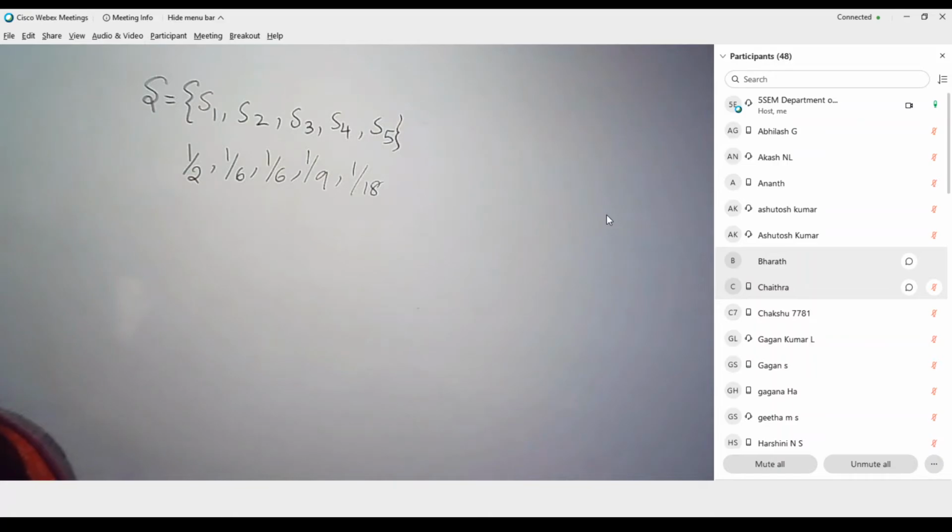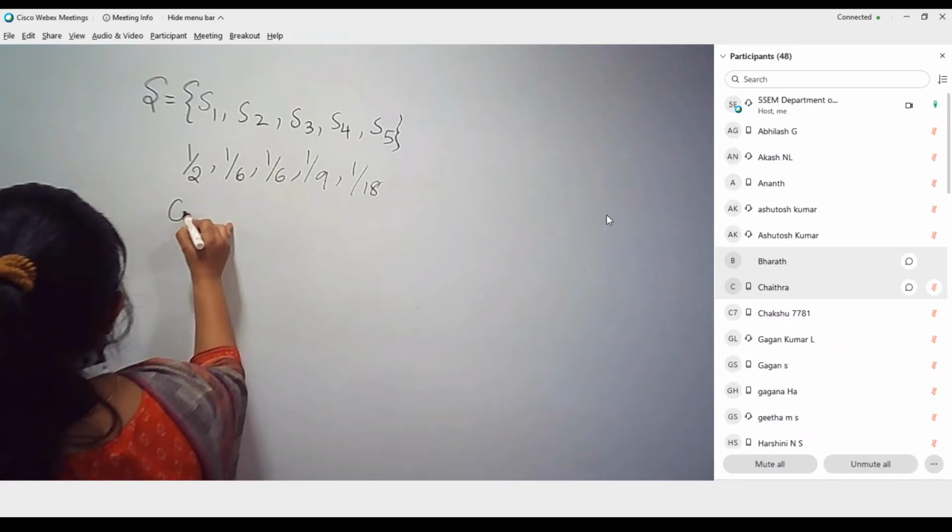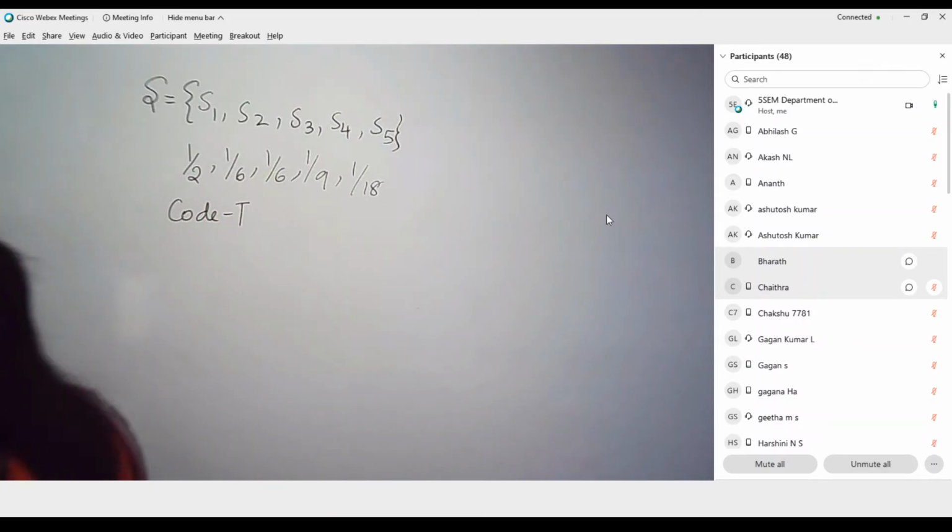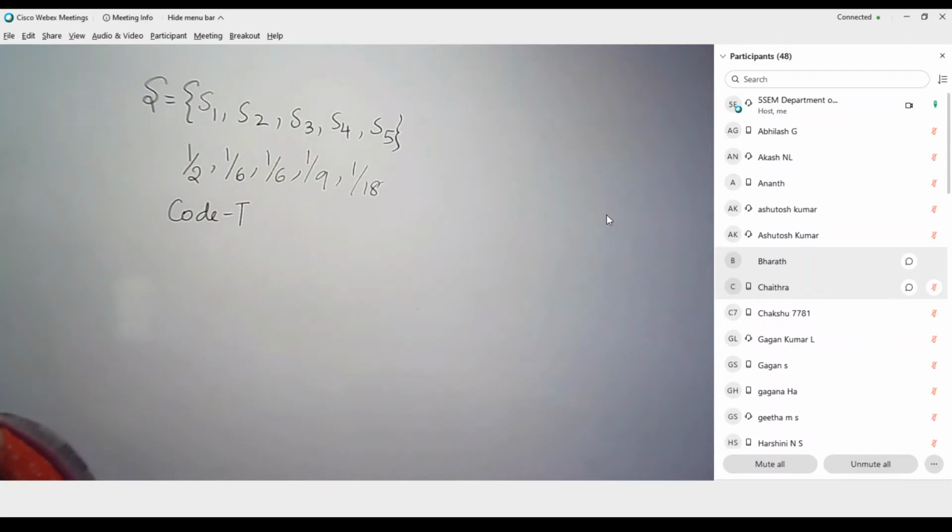First sub question: when these symbols are coded as in the table given below, as code T, find the code efficiency and redundancy.